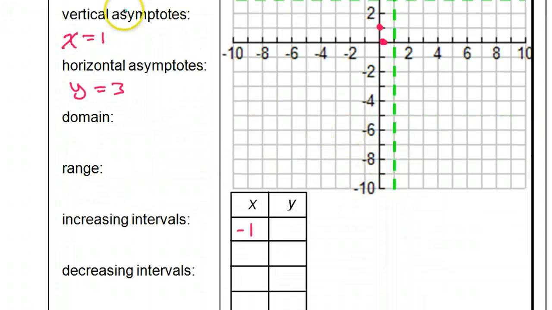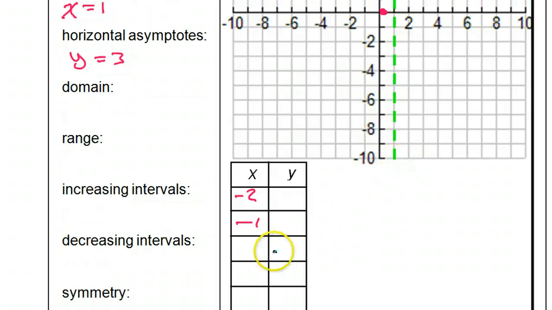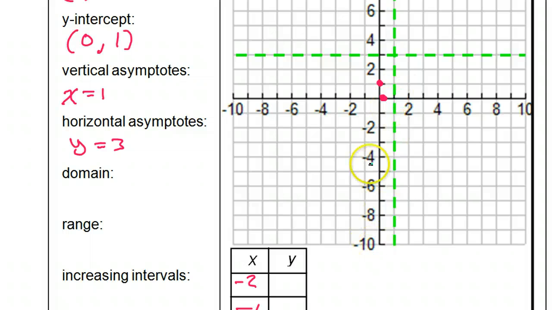So I'll go ahead and do -2 and -1 because we've got these. Now, I like to have a decimal on both sides of the asymptote so I can see what's happening close up. I'm going to go ahead and count this as my decimal, but on the right hand side I want to see what's happening at, let's say, 1.5. So let's get that in there. 1.5 is super close. And also let's do like 2 and 3.